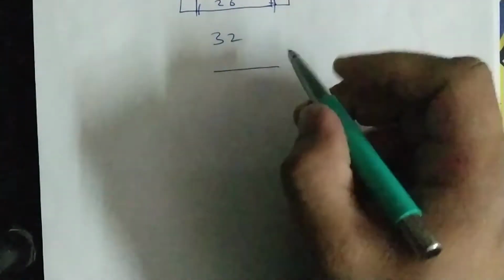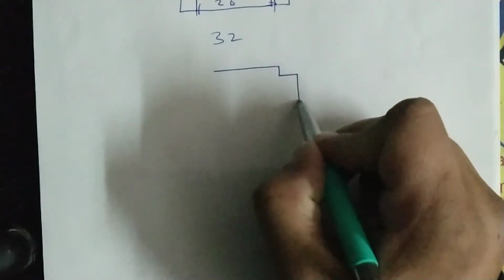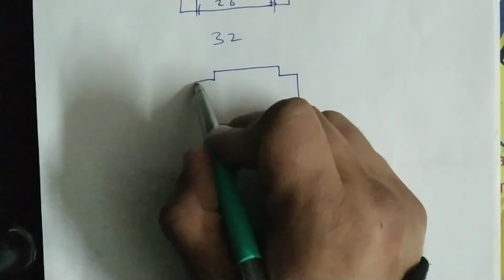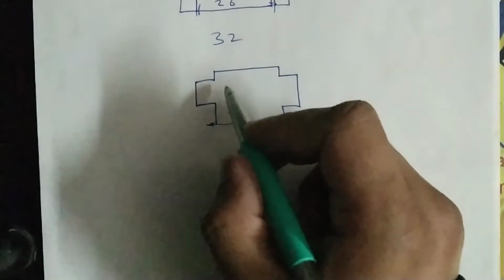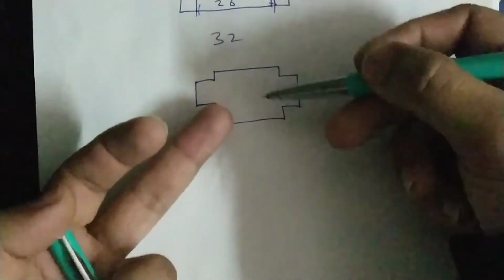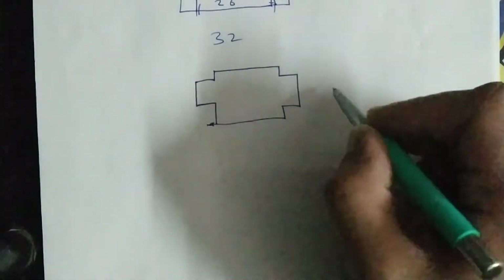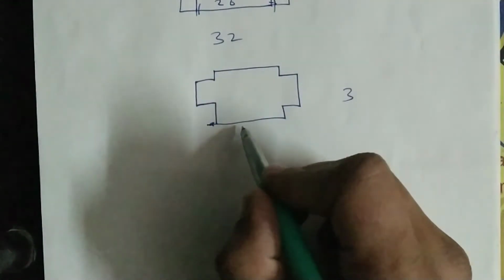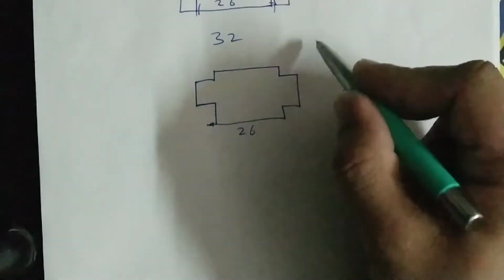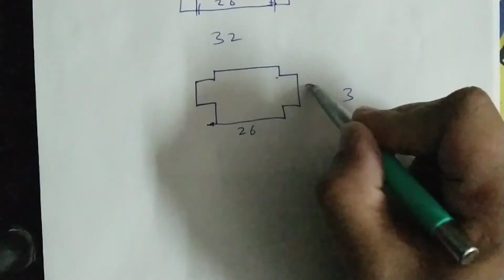So we are left with something like this. Now when we fold this, height will become 3, length will become 26 and this width will become 20.